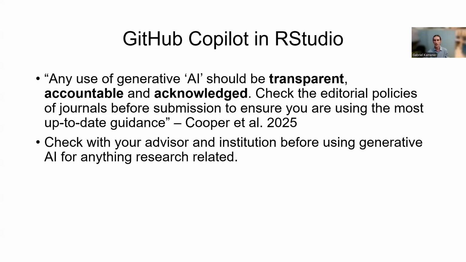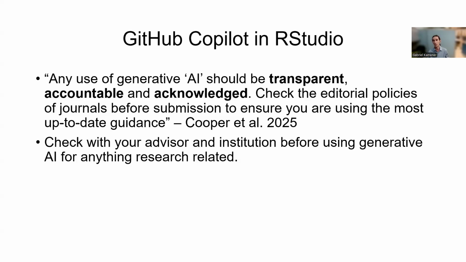And I just want to cover what Cooper et al. 2025, and that's the Guide to Reproducible Code from the British Ecological Society, said. I liked the way they summarized how any use of AI in coding or research should be handled if it is used. And so it should be transparent, accountable, and acknowledged.